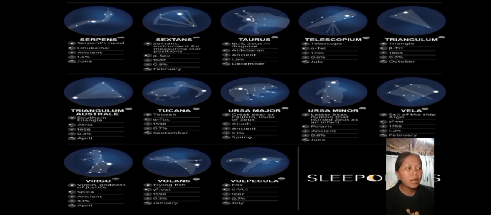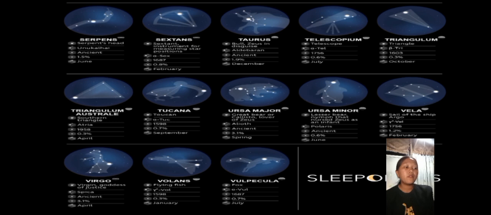Tucana, toucan. And Ursa Major, the great bear, or Callisto, lover of Zeus. Ursa Minor is the lesser bear, nymph that nursed Zeus as an infant. And Vela, the sail of the ship Argo. Virgo, virgin goddess of justice. Volans, flying fish.